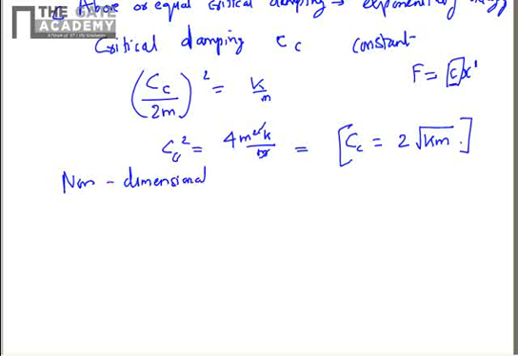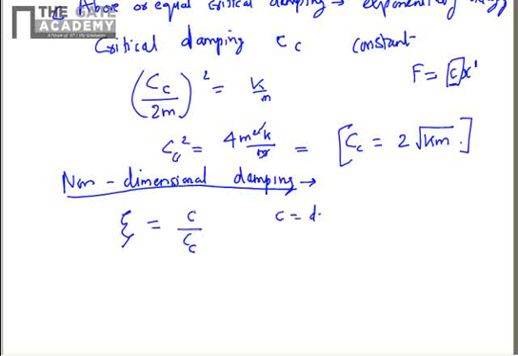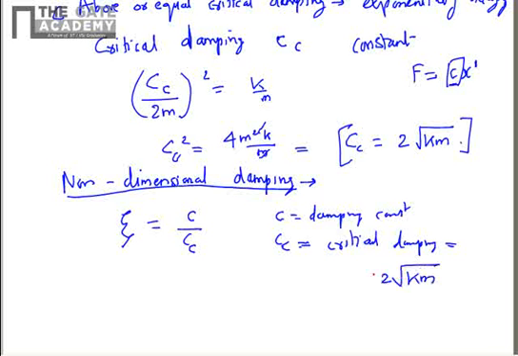The actual damping will vary from case to case, but you can have a non-dimensionalized factor which can help you to see whether the system is critically damped, overdamped or underdamped. So non-dimensional damping is defined as Z equal to C by Cc. C is the damping constant and Cc is the critical damping constant. The critical damping constant you can get from the parameters: it is equal to 2 square root of K, the stiffness of the system, times m, the mass of the system.